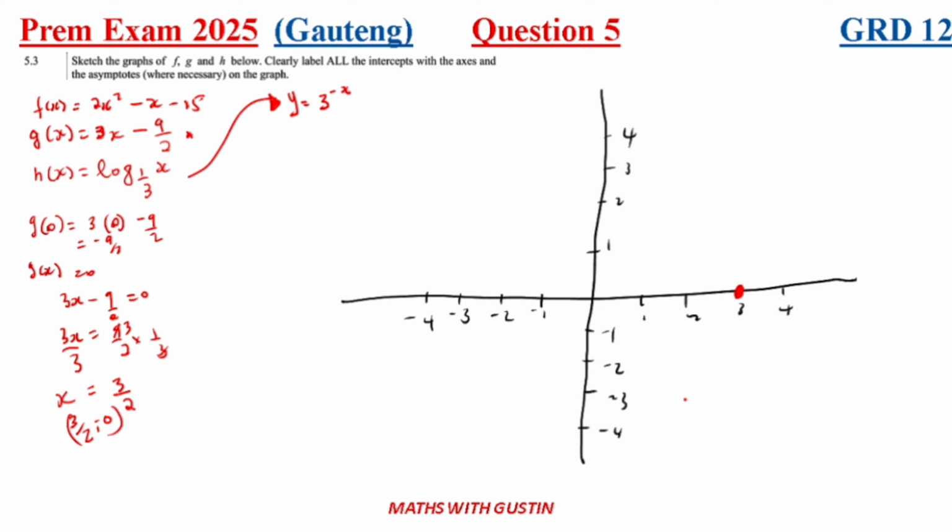So our turning point is 1 over 4 to somewhere there. There is our turning point. Somewhere there. And then the other one, it's here.